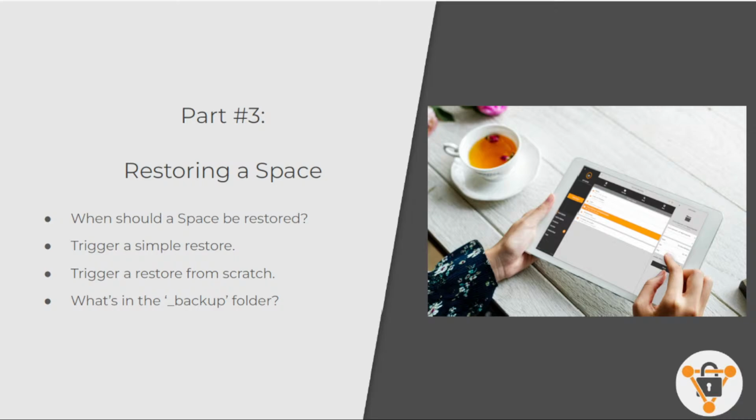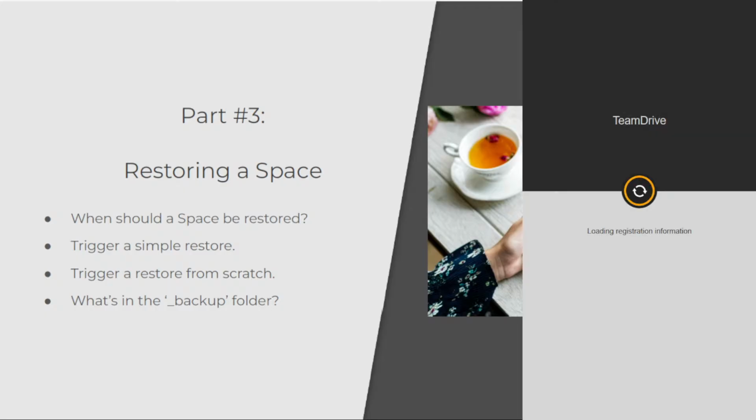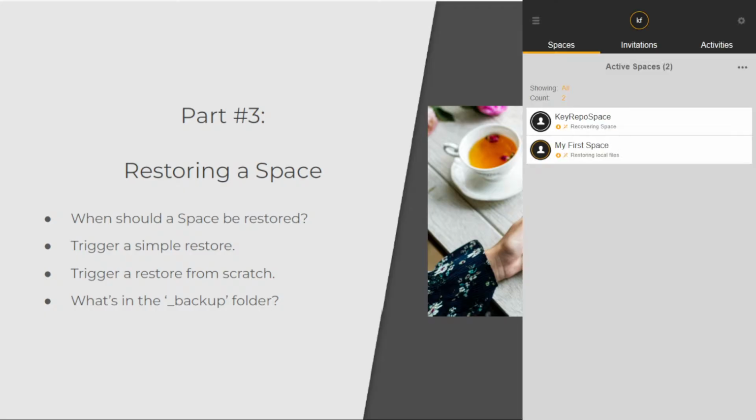So I reopen the TeamDrive app, and let's see, we can show our spaces directory as well. So we can see one space is still recovering, but we have two spaces.